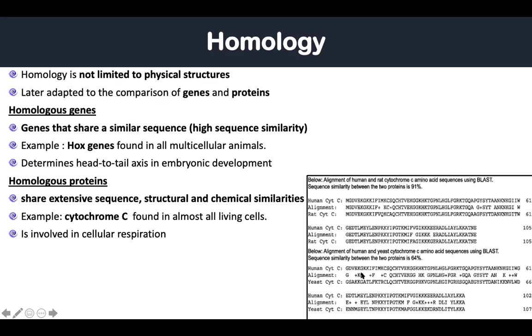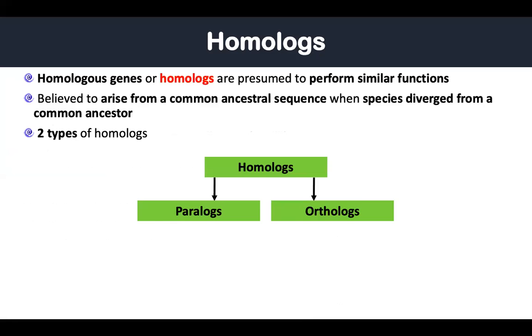Some of it are just mismatches, some of it are gaps. So this is an example of how in comparative genomics we would study similarity or homology between genes or proteins.